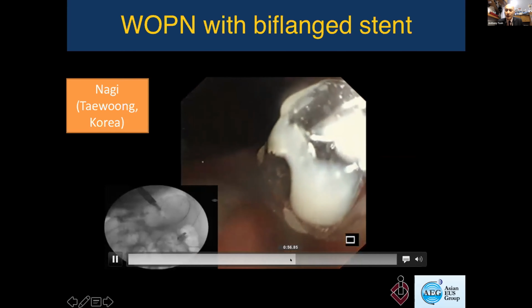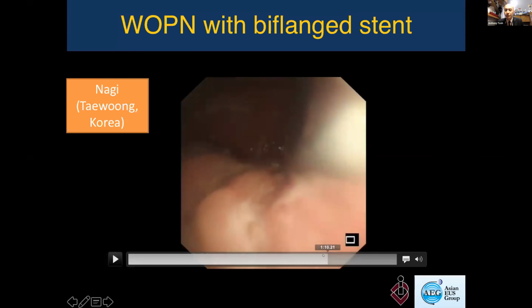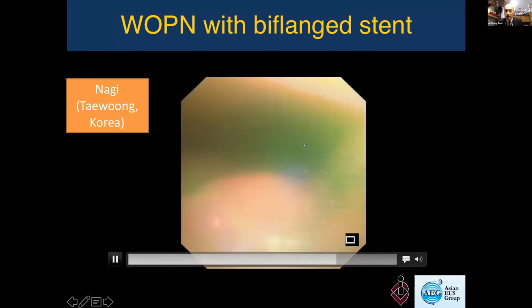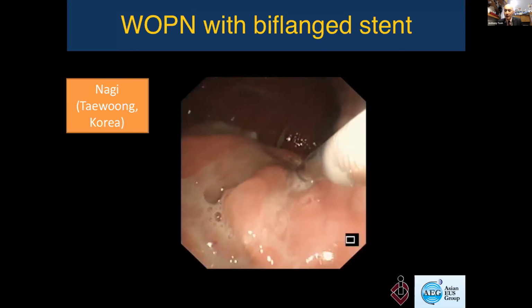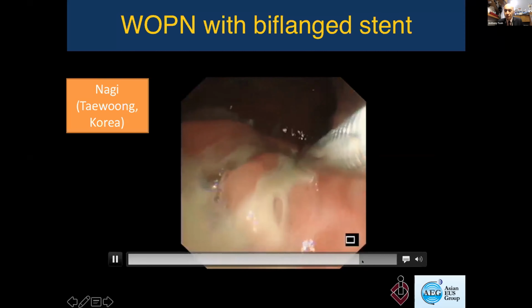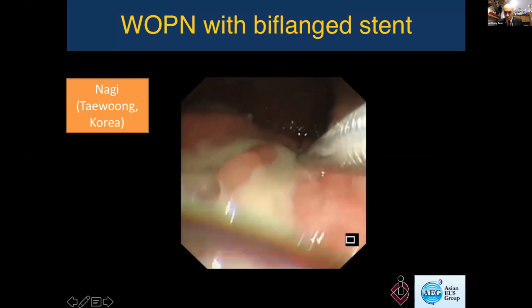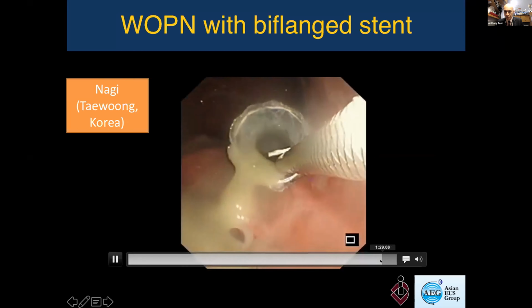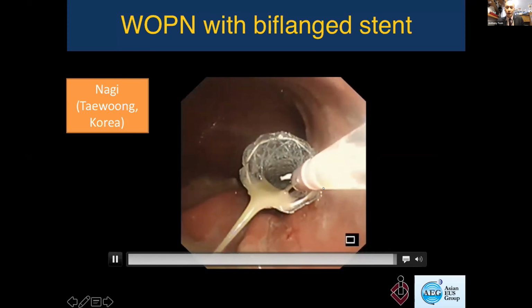Followed by balloon dilatation. And then insertion of the metal stent. So this was a Nagi stent. So a lot of dirty material being drained out.